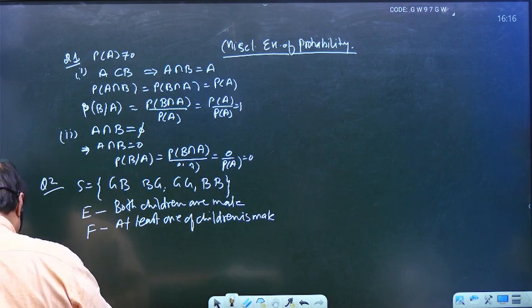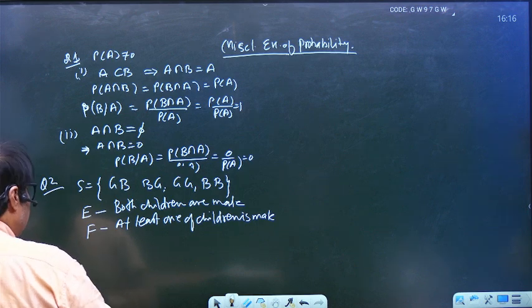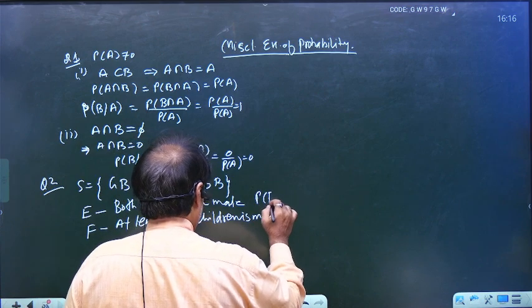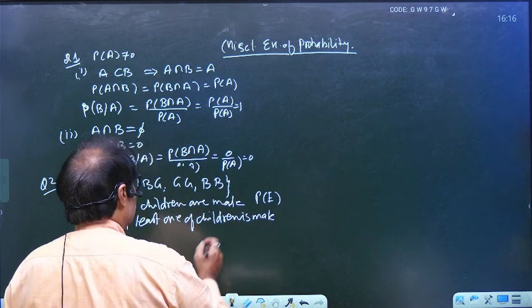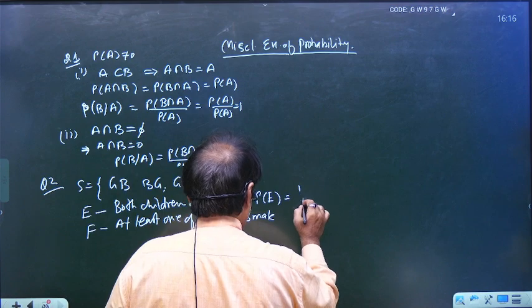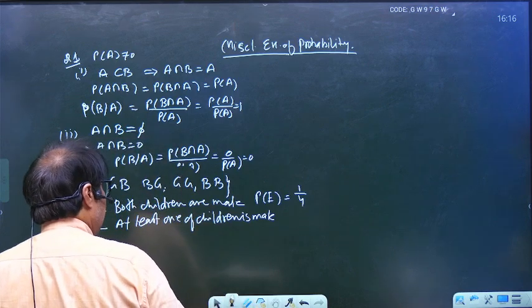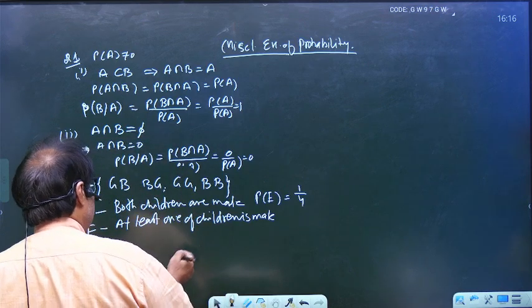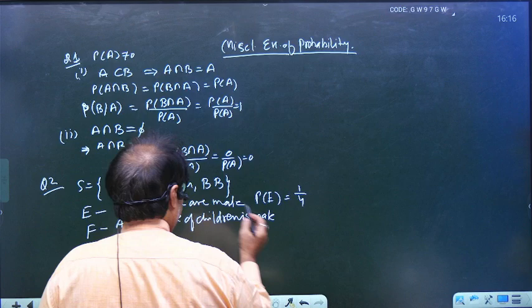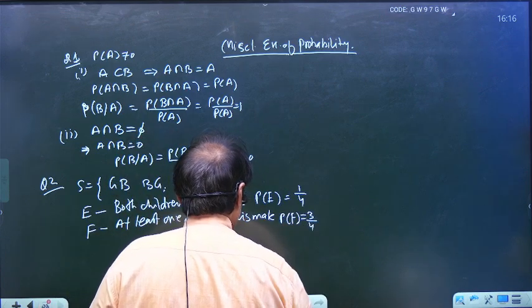So probability of E, both the children are male, is 1 by 4. And at least one of the children is male means BG, GB and BB, so probability of F is 3 by 4.